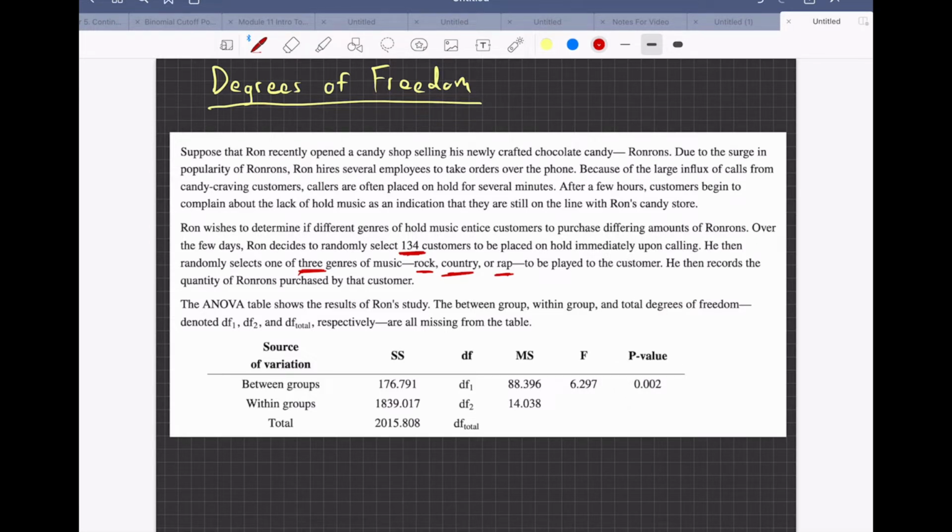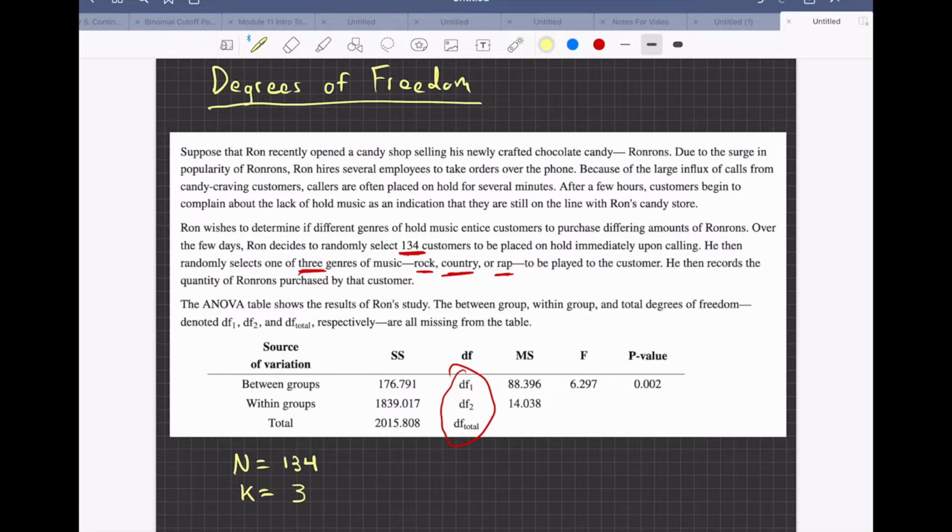All right, so we have to compute this. First, N is going to be the total number of elements in the sample, for all the samples. So in this case, it's going to be 134. Then you will have to know the number of categories. The categories, usually denoted by K, are the different populations. In this case, we have only three genres: rock, country, and rap.